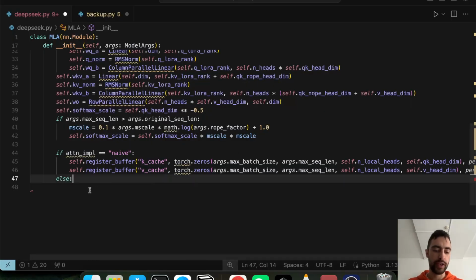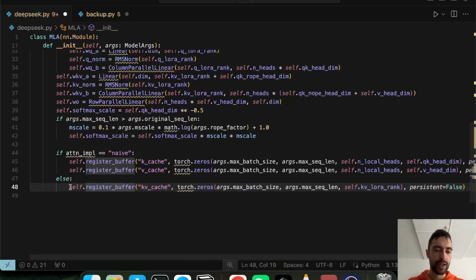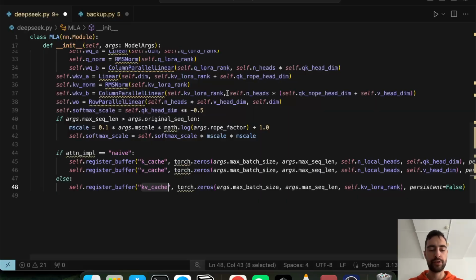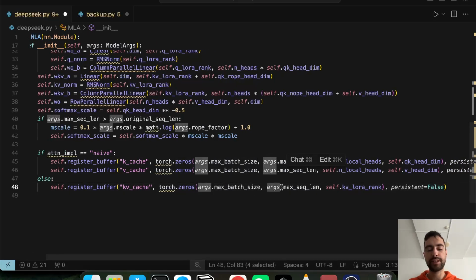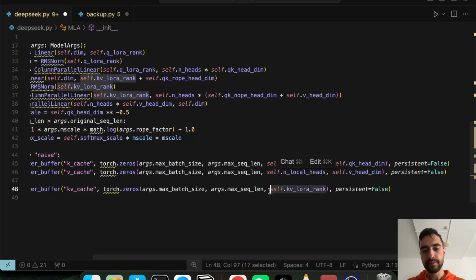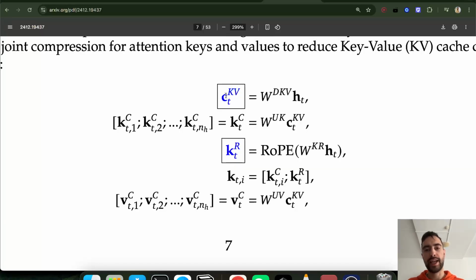So I will show you here. Everything is exactly the same. Here, KV cache. This is the KV cache we are talking about, this matrix. So initialize with zeros, batch size, max sequence length, this is the same. But here, instead of having number of heads times head dimension, we just have LoRA rank, because this is the same across all heads.